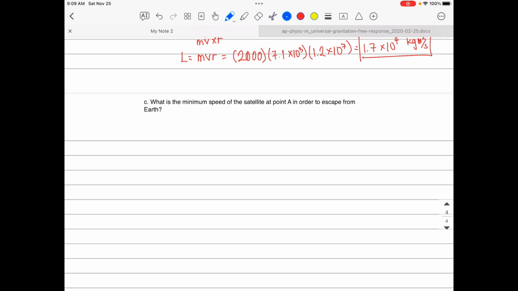And when we think about this type of problem, we want to think about conservation of energy, where we start off with kinetic and gravitational, and then we always talk about this concept that energy is equal to 0 at infinity. So if we truly had conservation of energy, this should equal 0, wherever it is in the orbit of the Earth, or within the Earth, it should always equal 0.